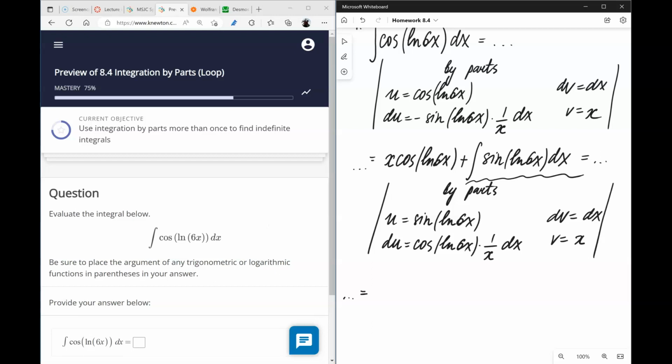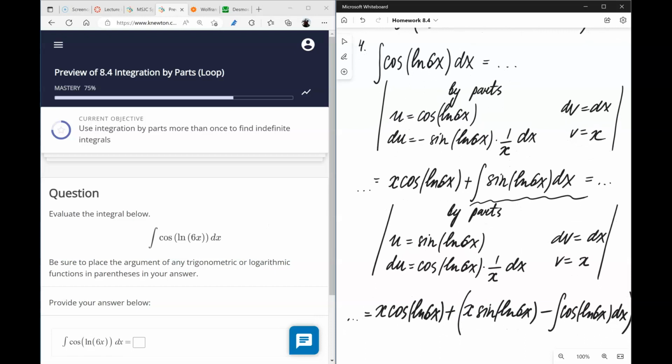All I'm doing only applies to this integral, so what comes before it remains intact. And here we write plus, and we have uv, which is x sine ln of 6x, minus integral of v du, but integral of v du here is just the integral of cosine of ln of 6x dx, which we realize is the original problem.